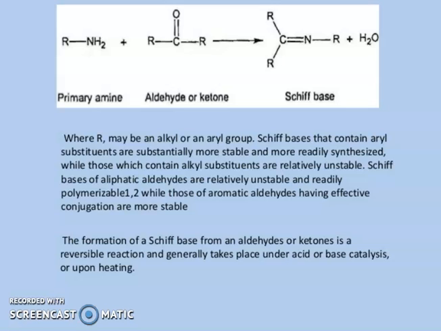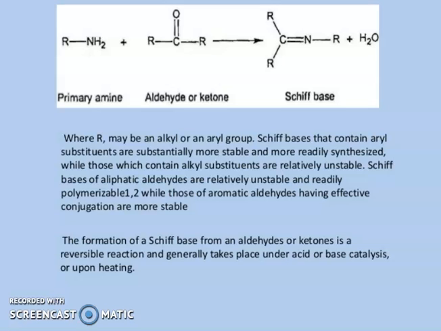A primary amine reacts with an aldehyde or ketone to give an imine, which is known as a Schiff base, where R may be an alkyl or aryl group. Schiff bases that contain aryl substituents are substantially more stable and more readily synthesized, while those which contain alkyl substituents are relatively unstable.